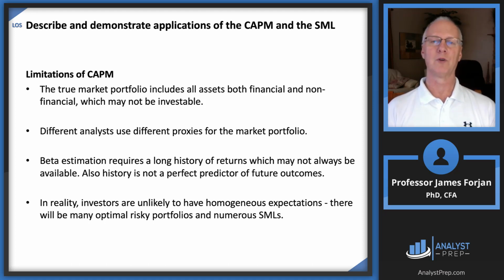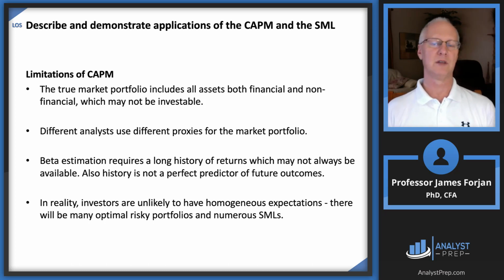And one of those was that using the S&P 500 index as the market portfolio excluded all assets that are out there that are not included in the S&P 500 index, like some small cap stocks, or maybe some emerging market stocks, or some bonds, or maybe gold, or movie memorabilia.